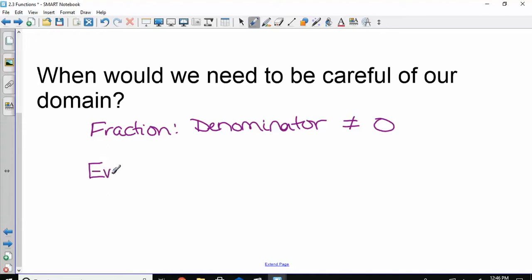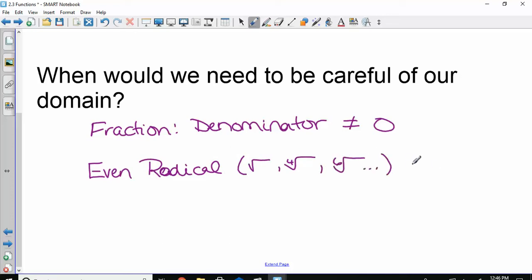The second scenario we have to worry about is for an even radical. So I'm talking about like a square root, a fourth root, a sixth root, and so on. What has to be true on those if we don't want imaginaries? It doesn't have to be.